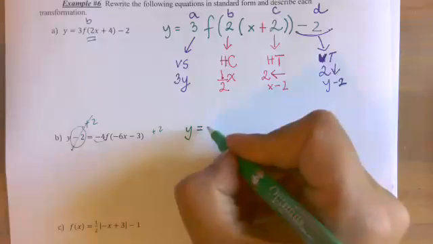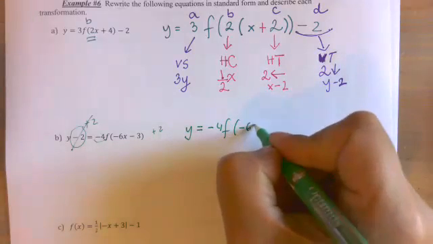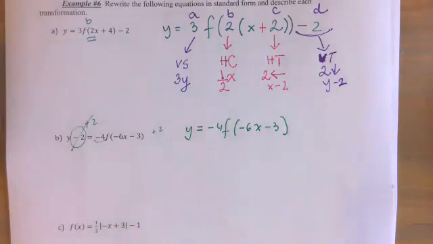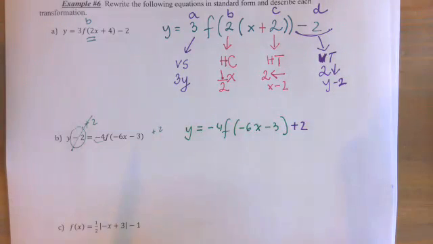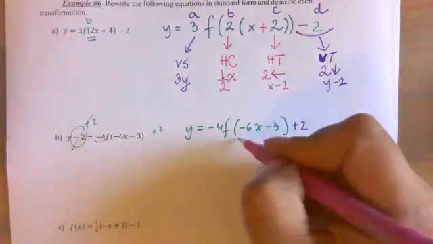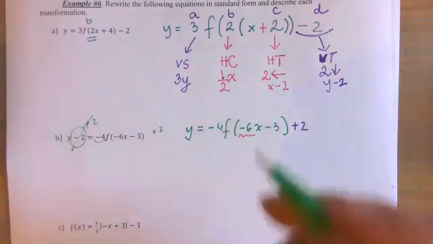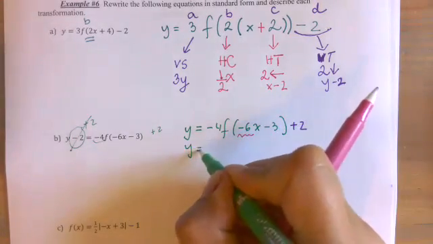Y equals -4 f of -6x minus 3, so +2. First step. Now the second step is what we always have to be careful with. Tackle this factoring. You cannot read the C parameter without the factoring piece.